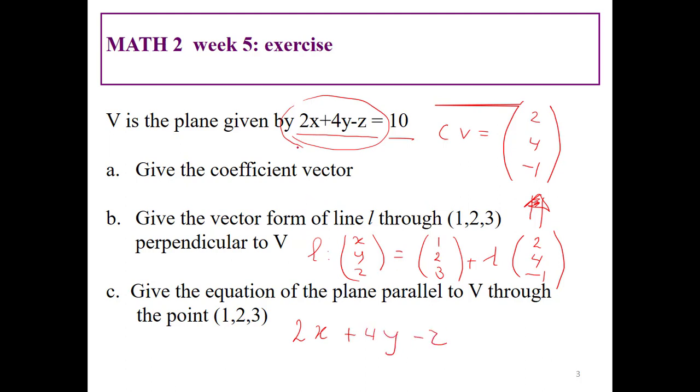And so everything which has (2, 4, -1) will be parallel. The only difference will be the resulting value. So now this should be 2 plus 4 times 2 is 8, minus 3. So that would give us 7. So the equation of the plane parallel to V would be 2x + 4y - z = 7.